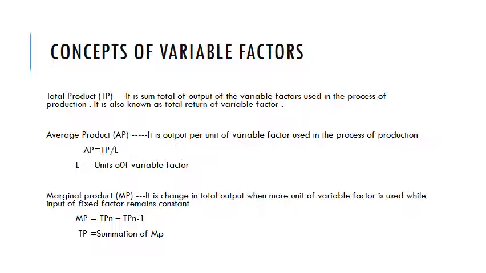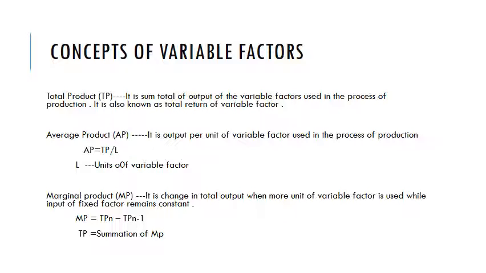Total production is the sum total of output of each unit of the variable factor used in the process of production. This is also called total returns of a factor. It is also called total physical product.